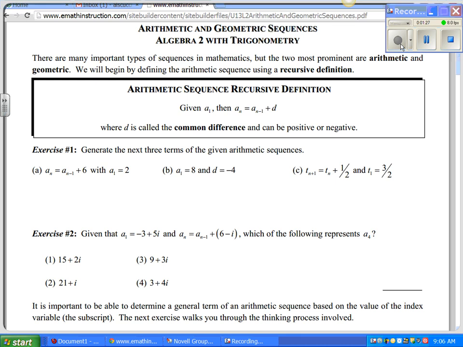All right, so when I want to find a sub 2, again, using our formula, a sub 2, I'm given my formula right here, equals a sub n minus 1. What does a sub n minus 1 mean? The previous term. What's my previous term? 2 plus 6, which equals, good. All right, a sub 3.